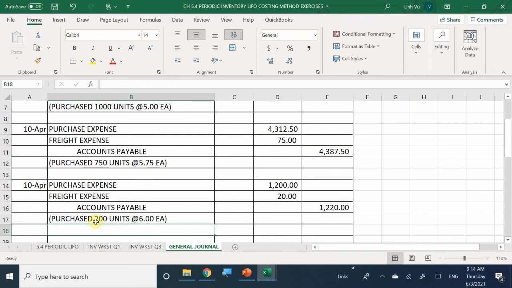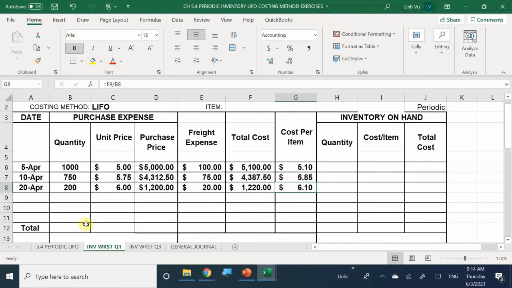Well, no, that 6.10 is including freight, but we purchased the items at $6. In case we have to return an item, let's say I found that 5 of them were broken toys, I can't refund freight. I can only refund from the original purchase price of $6.